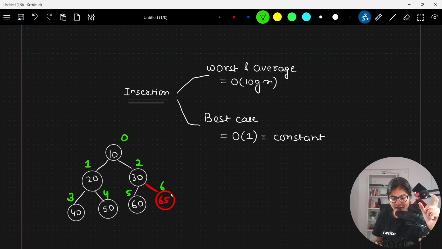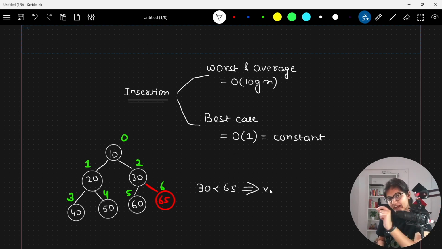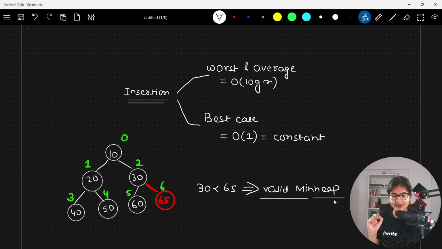And here, if we compare this 65 with its parent, it will say that 30 is less than 65. That's also completely fine. So at this point, can I say that after inserting a new element, this is still a valid Minheap? So validity is still retained.